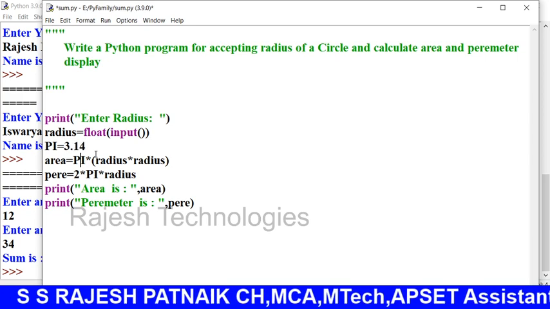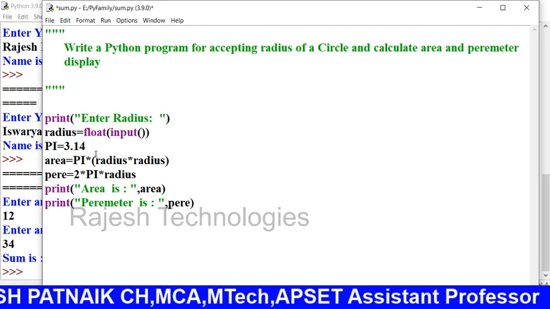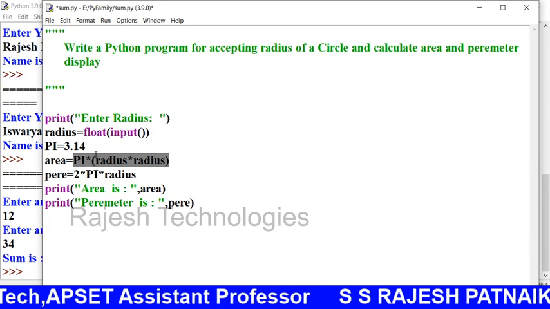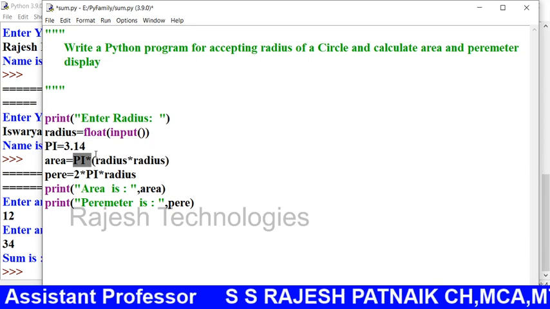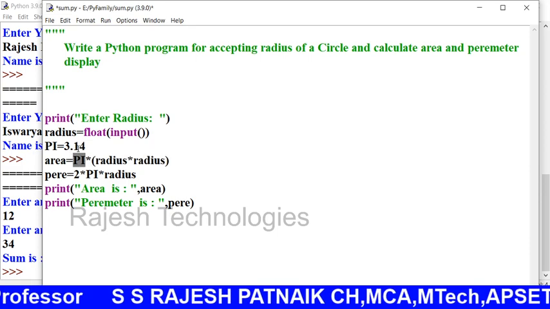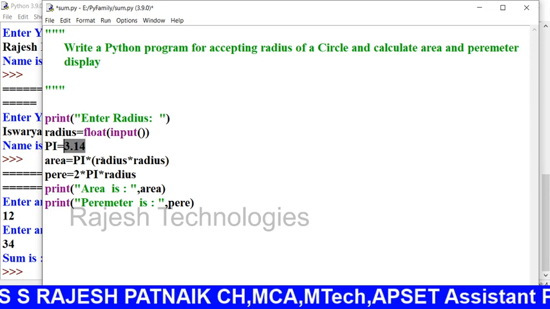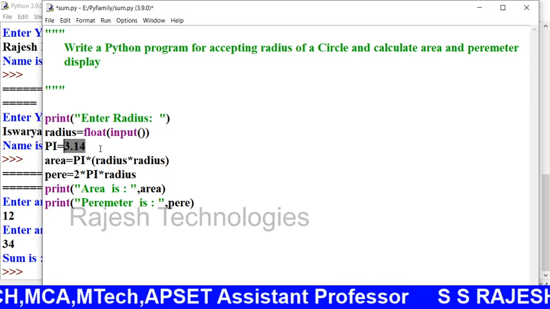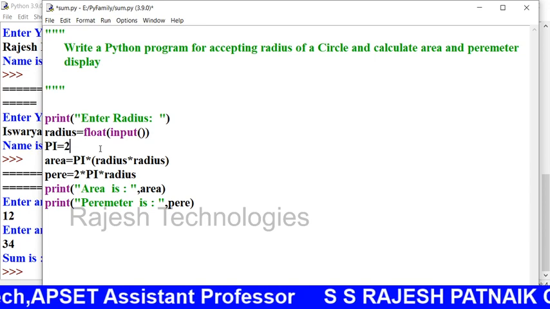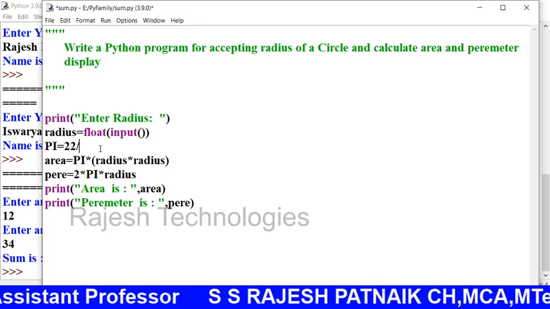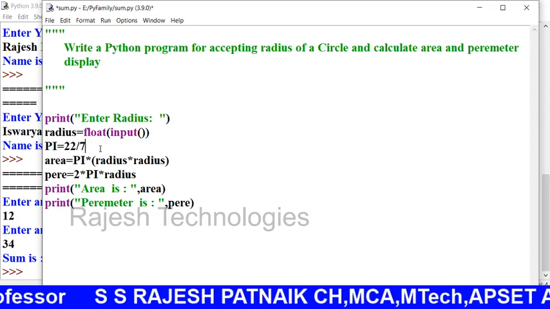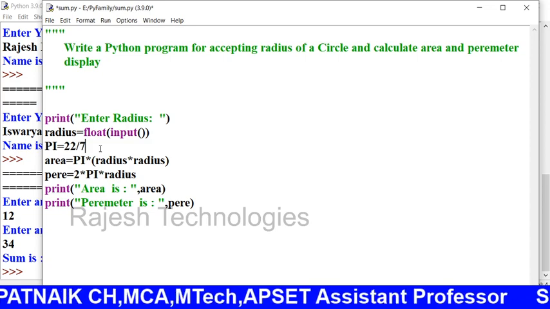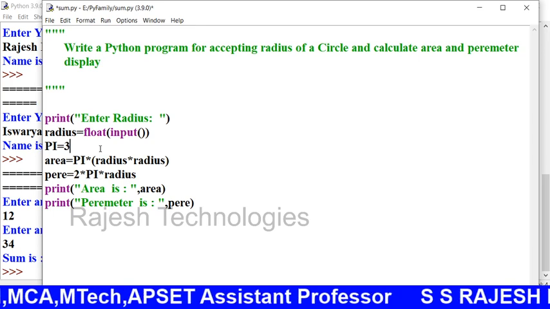And the area of a circle, how can I find? What is the formula? Pi r square. Pi is the value. Yes, you can also write like this, 22 by 7. If anybody does not know 22 by 7, you can also write like this. But if you know, you can directly write 3.14.